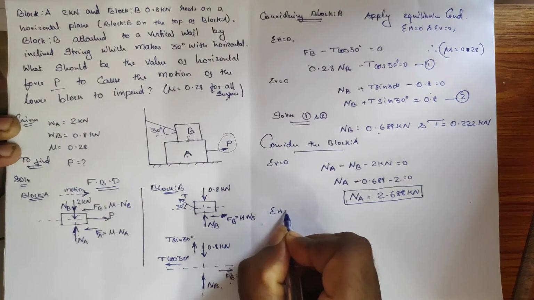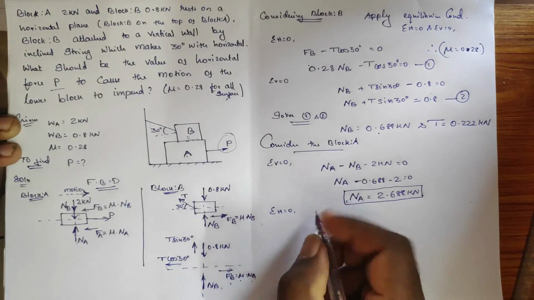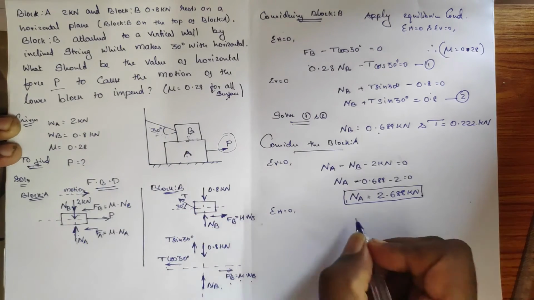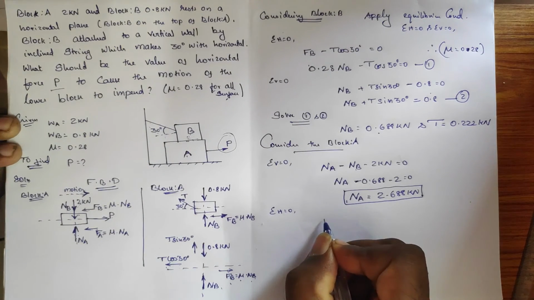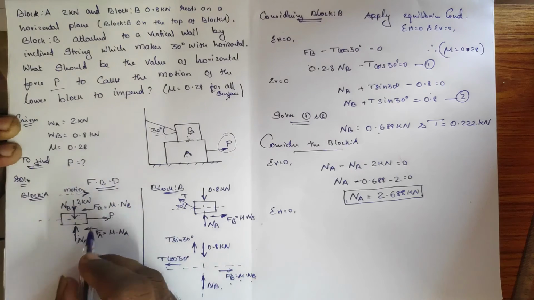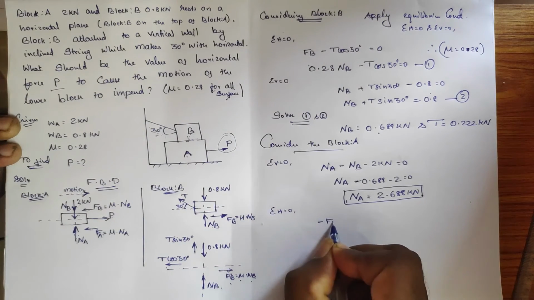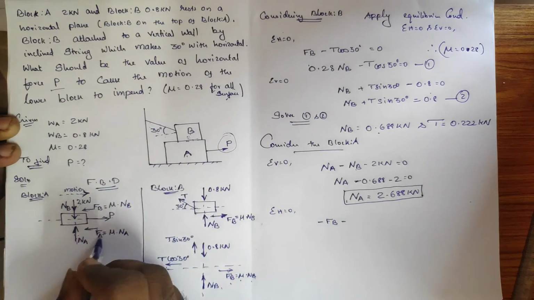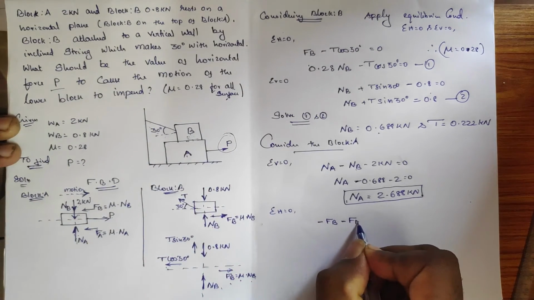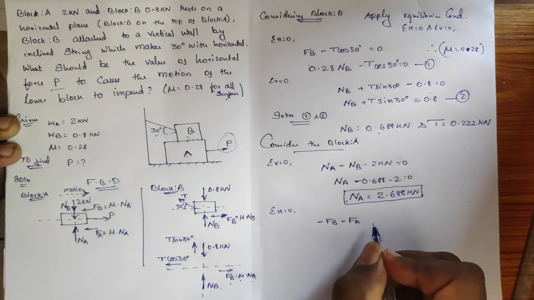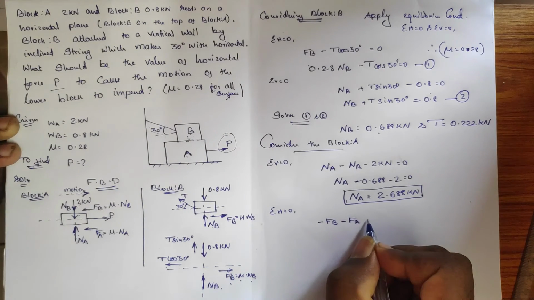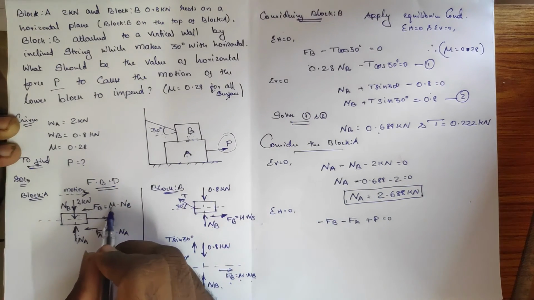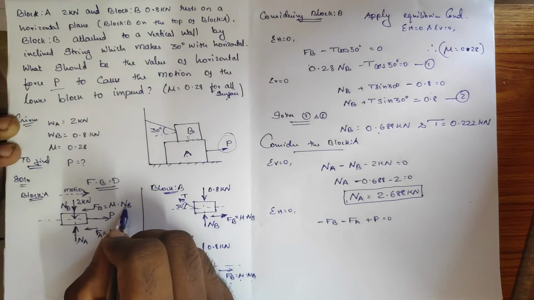Then go with the sum of horizontal force is equal to 0. When you are doing it, horizontal force 1, 2, 3, 3 forces are horizontal, and the forces will be FB which is just minus direction, so it will be minus FB, and then FA which is directing towards the left side, so it is a negative sign FA, and then P force which is just directing right side, so it is a positive one which is equal to 0. FB is mu into NB, right?